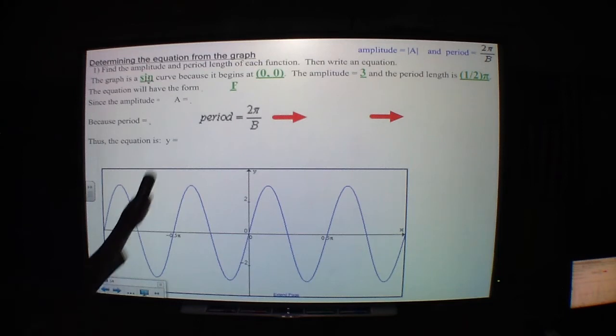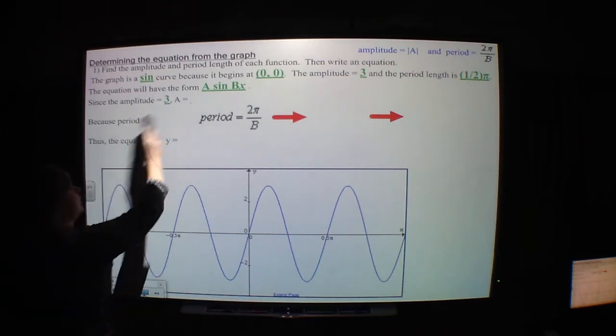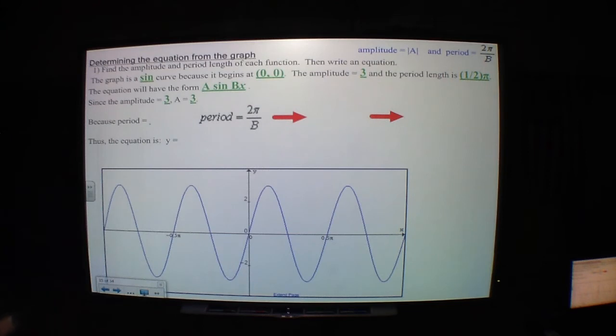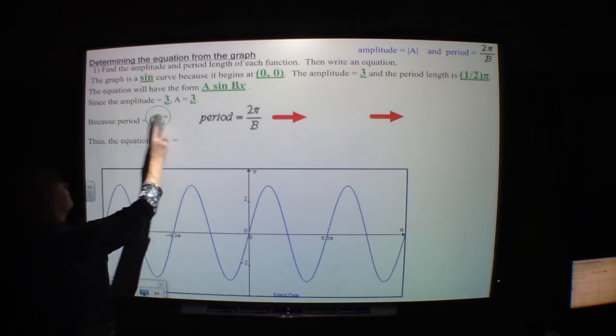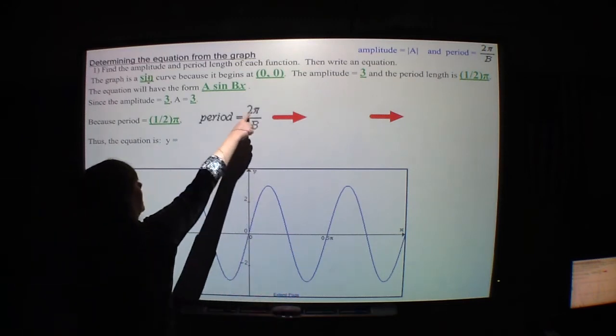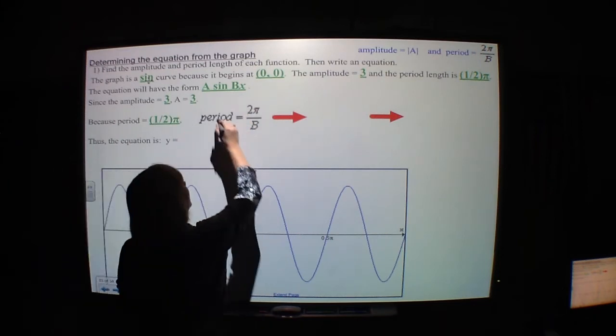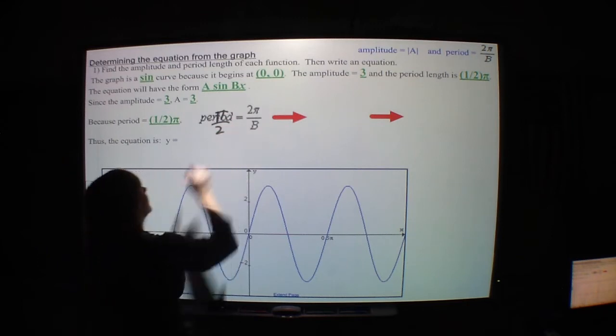So the equation will have this form: A sine of bx. Since the amplitude is 3, A will equal 3. And because the period is pi over 2, and period is equal to 2 pi over b, instead of that you could put pi over 2.